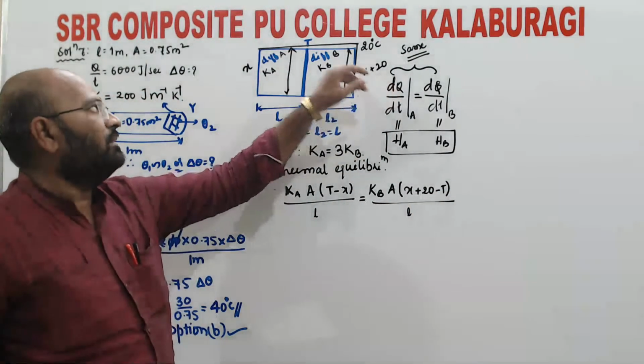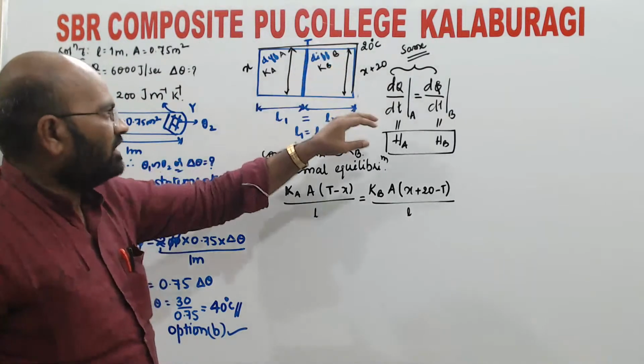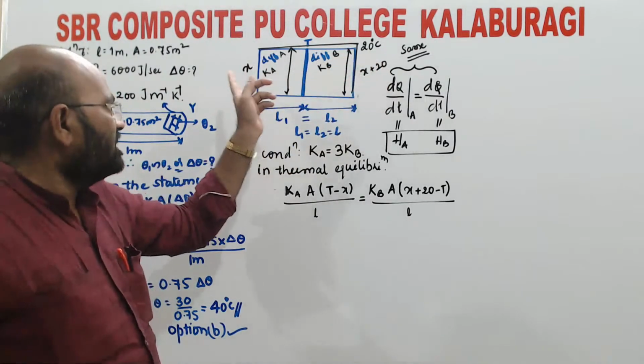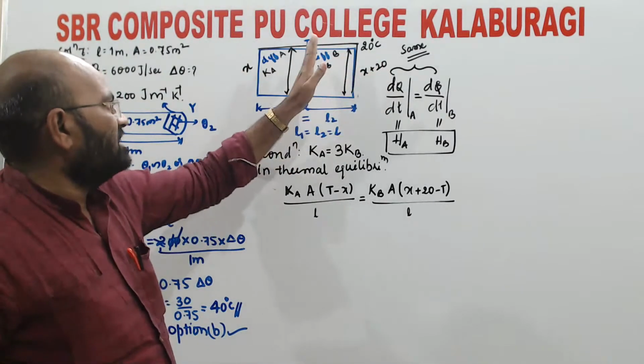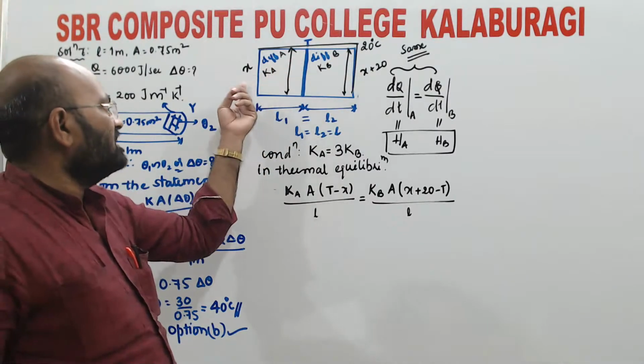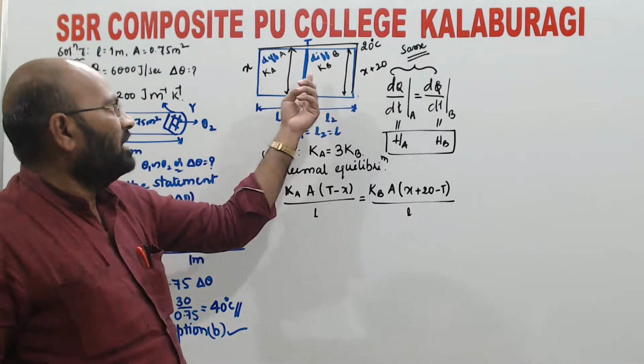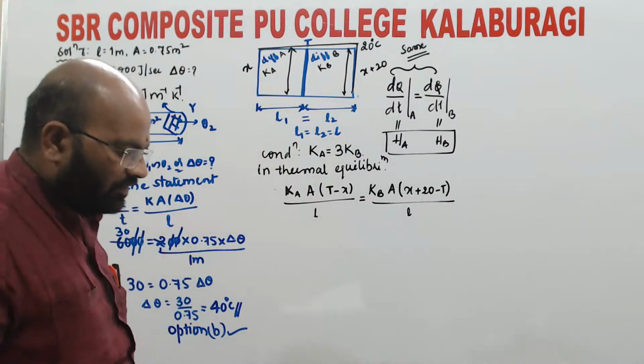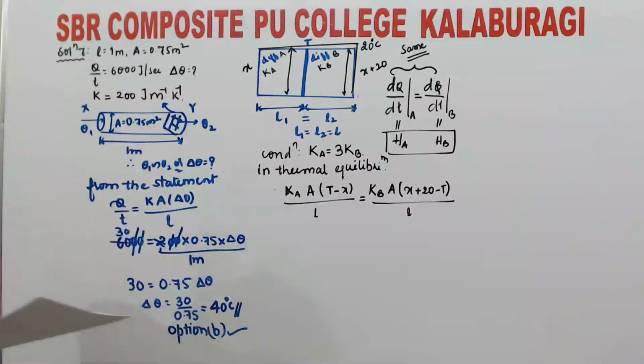Because it is final minus initial for the second phase. This is the first phase and this is the second phase. This is the interface. For this it becomes T minus X, final minus initial. Now simplify for the given condition.